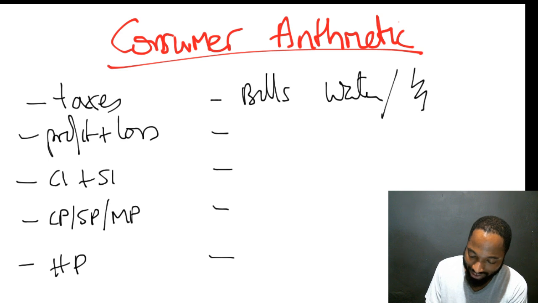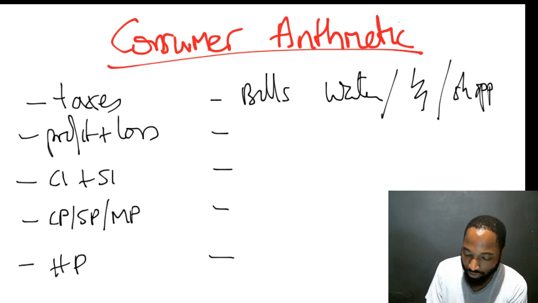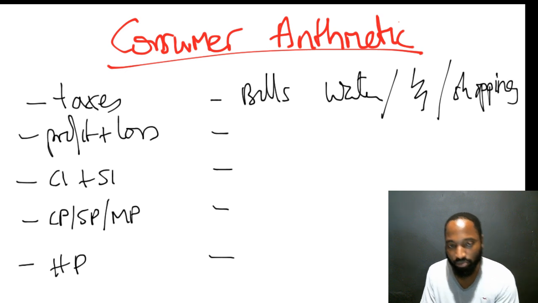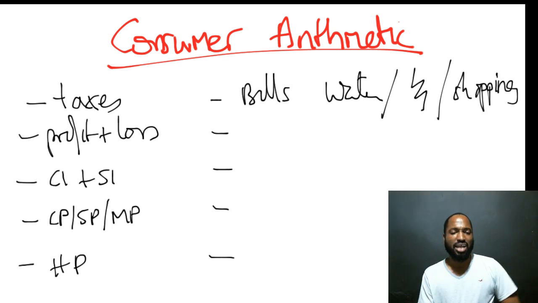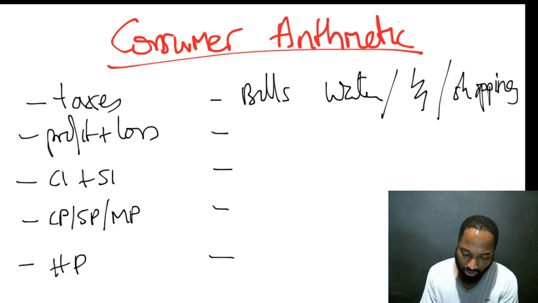The easiest consumer arithmetic question is the shopping bill question, because the hardest thing in that might be VAT. So you have bills in consumer arithmetic.